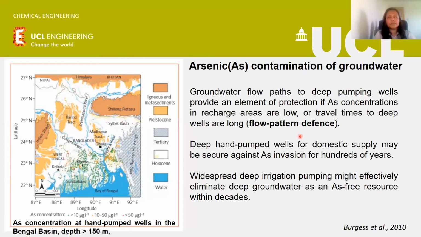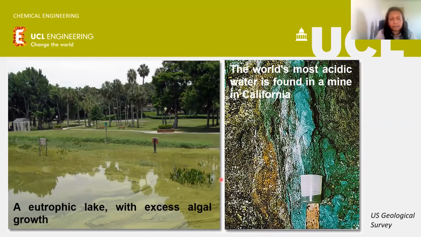They give anisotropy and heterogeneity to the whole system. So the moment you make these deep hand-pumped wells, you allow the vertical flow of water and let the contaminants reach the deep groundwater storage and affect the fresh water that people would be using.